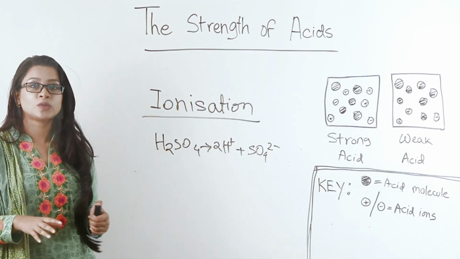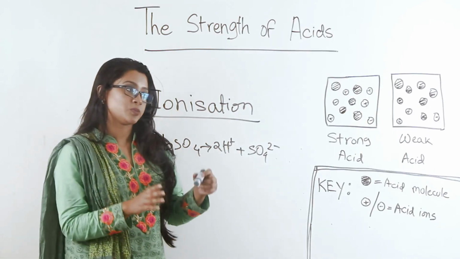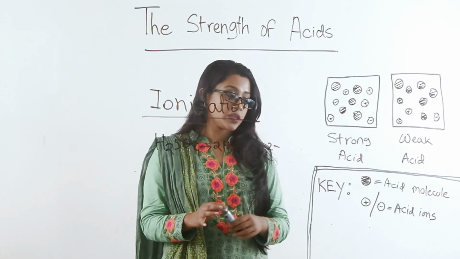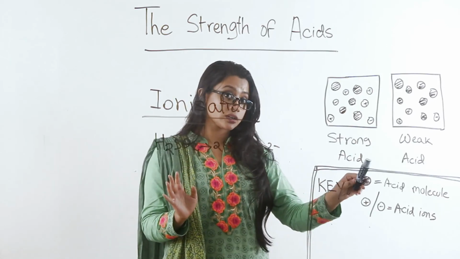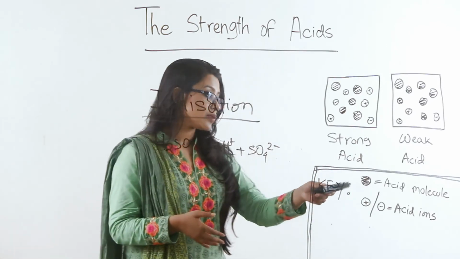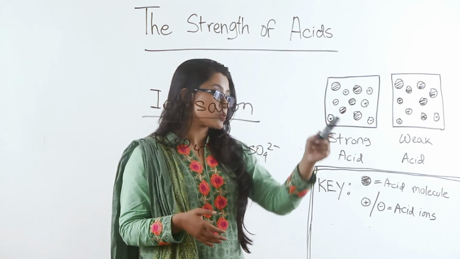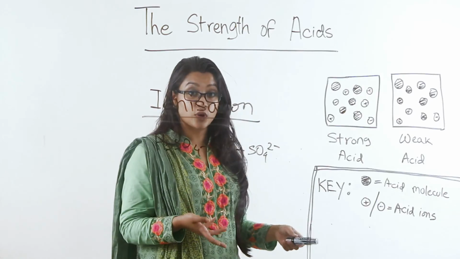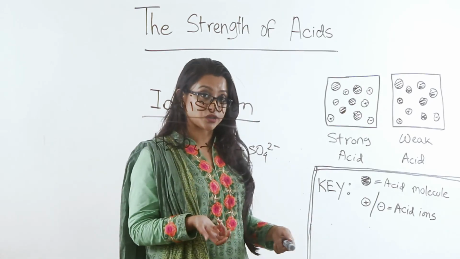Now, this phenomenon is explained much better in this diagram. As you can see, this is the key to understand the diagram. These circles represent acid molecules, and these represent the ions that are formed when acids react with water.